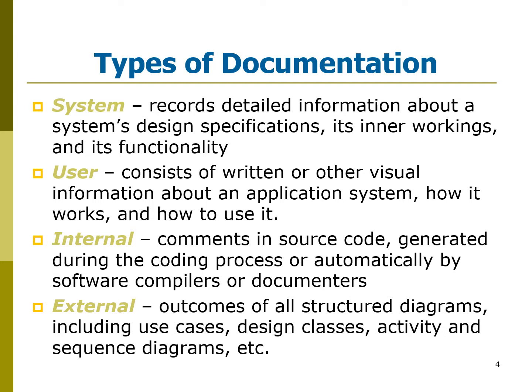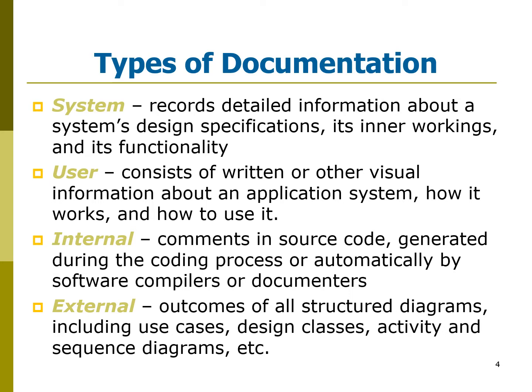And also, there is very detailed documentation related to the systems. Basically, it covers the system design specification, the inner workings, very detailed functionality information, and on top of that, you also have documentation which is used internally, inside the software development team.